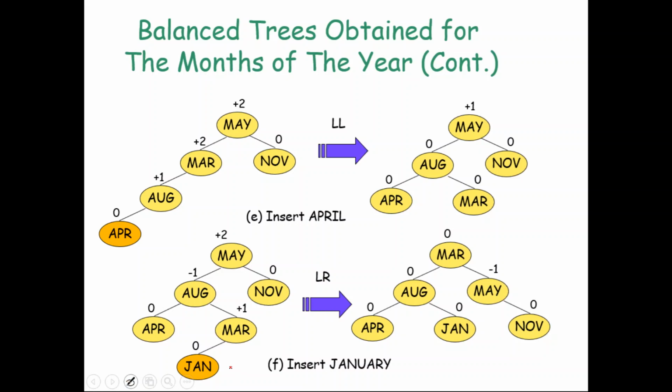When you are adding Jan, what happens? Unbalance is created in May, but this is a different case. Where is Jan coming?